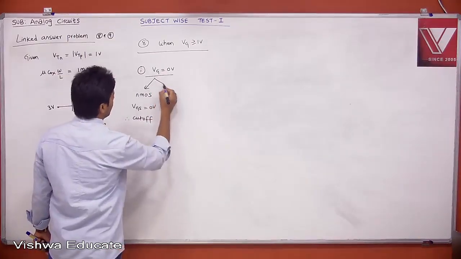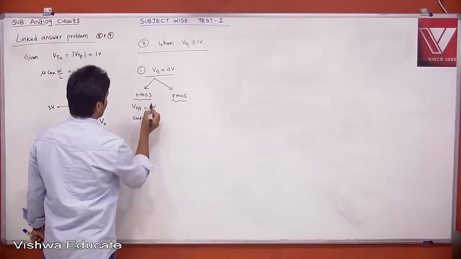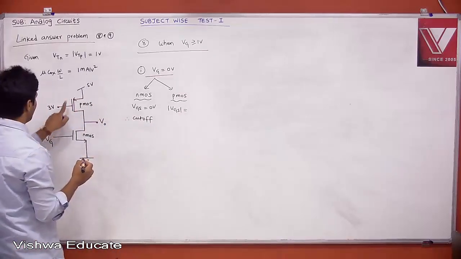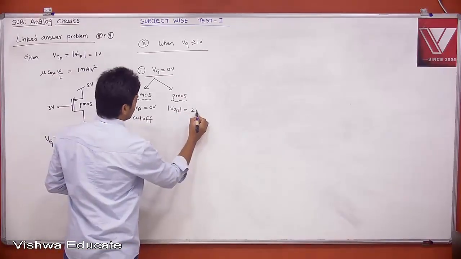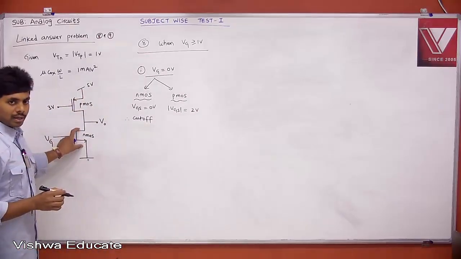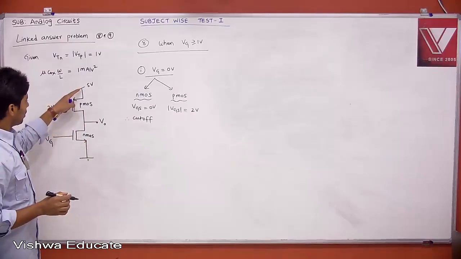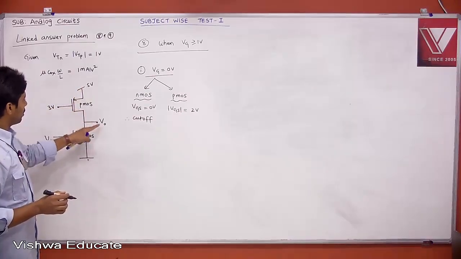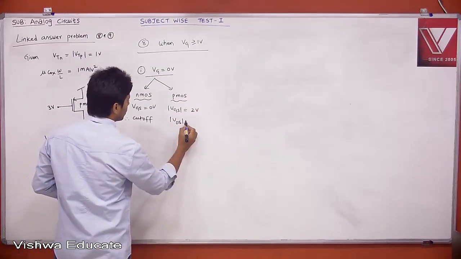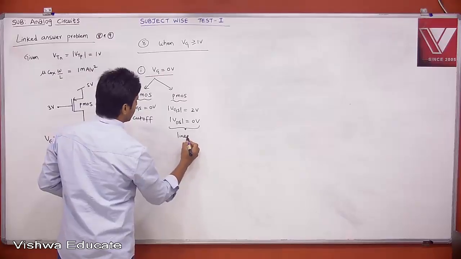But if you take PMOS, what is your mod VGS? Your mod VGS is 3 volt minus 5 volt, that is 2 volt. When NMOS is cut off, this is open. When this is open, then definitely your PMOS is on. When PMOS is on, your V0 will be 5 volt, then your mod VDS will be 0. When mod VDS is 0, this is in linear region.